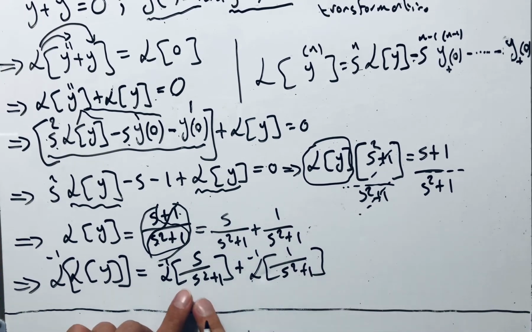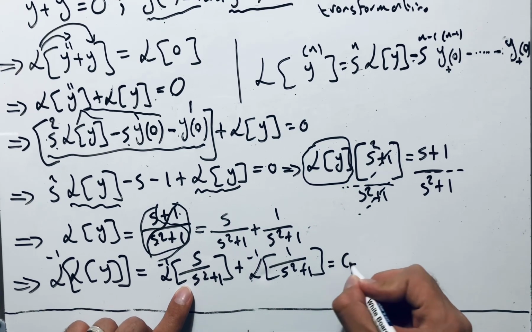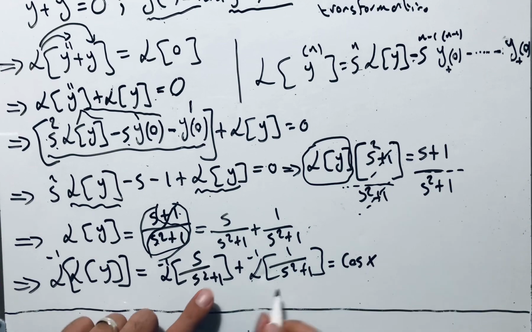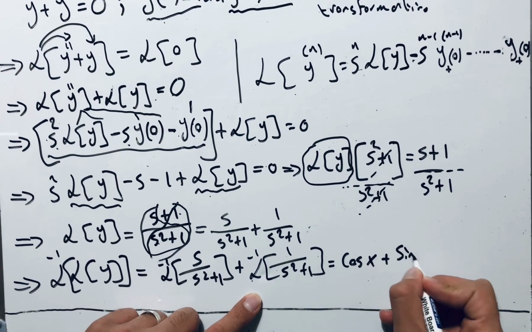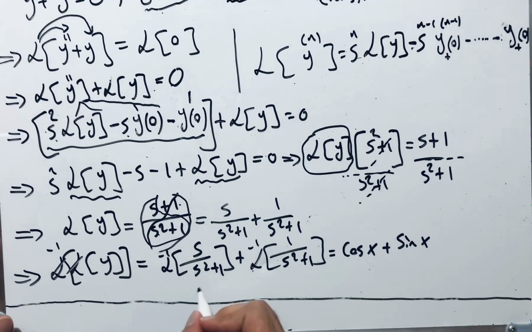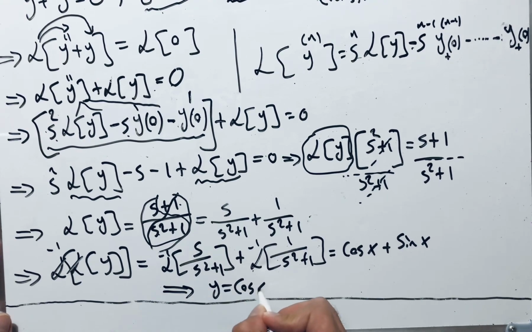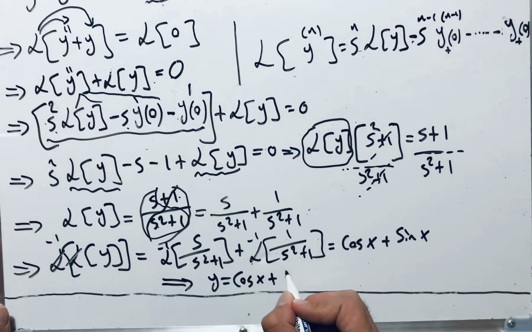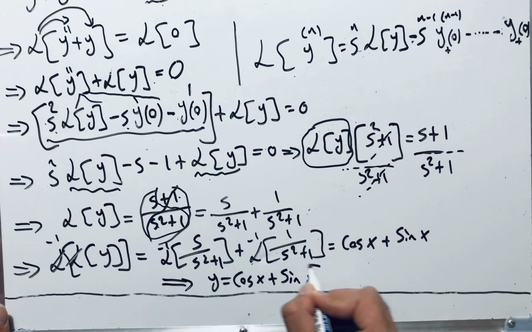We recognize this one: it's cosine of x, and the other one is sine of x. We applied inverse Laplace to Laplace, so these two cancel because they are inverse operators. So from here, we can say y is equal to cosine of x plus sine of x.